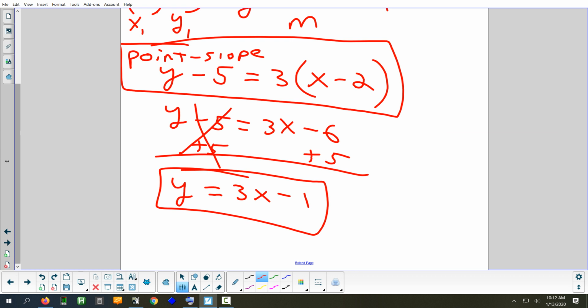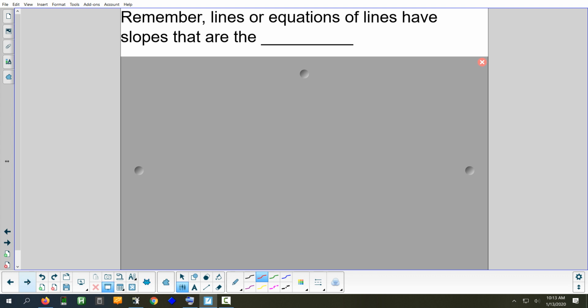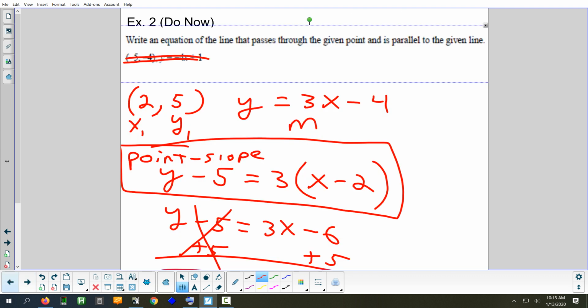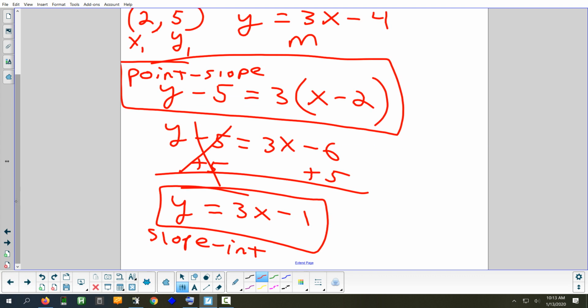What format is that one called? That one's slope intercept. Wait, I thought we were going to do, are you not? So we did both. We did point slope and we did slope intercept. Yes.